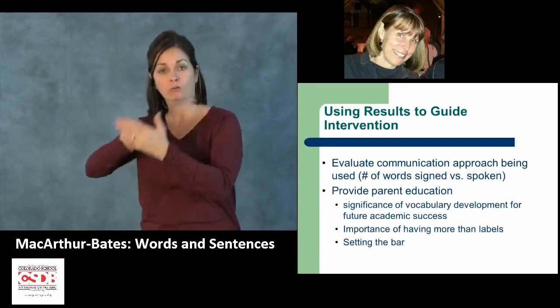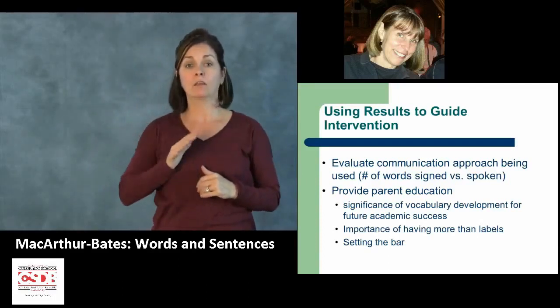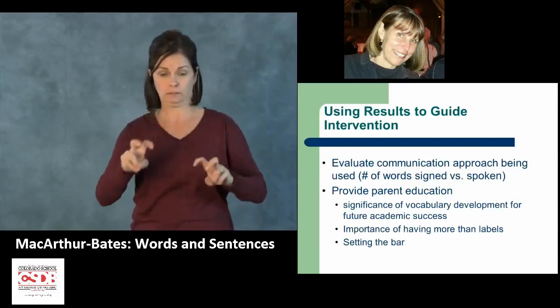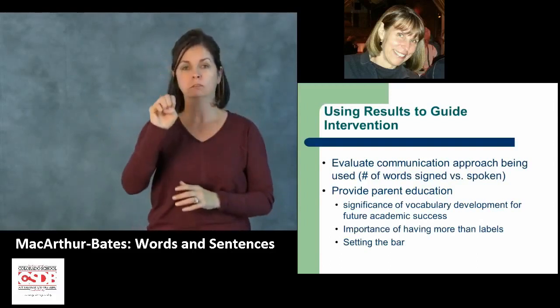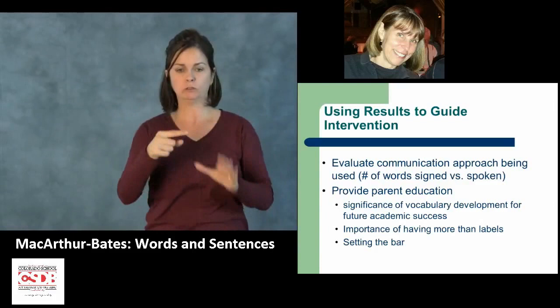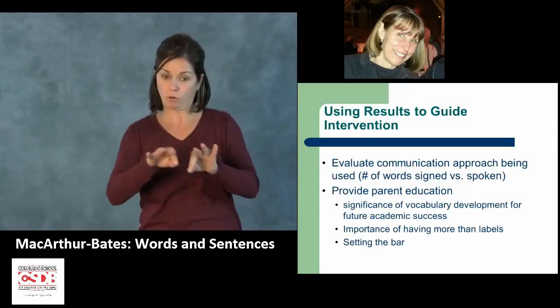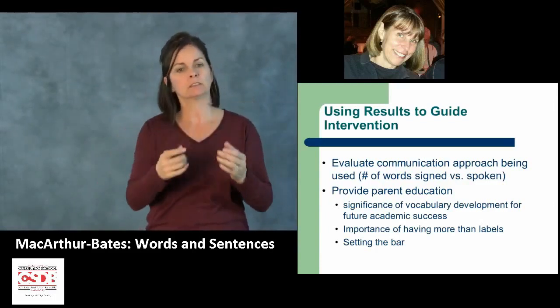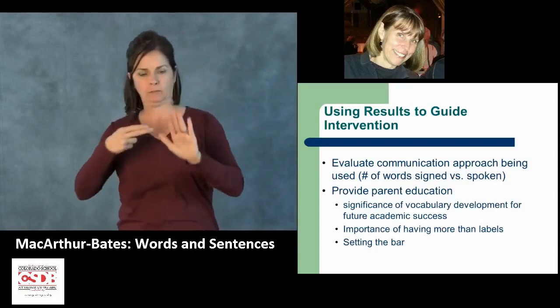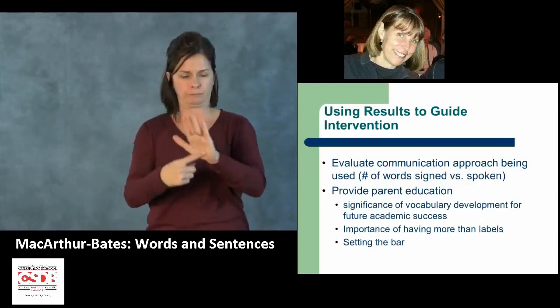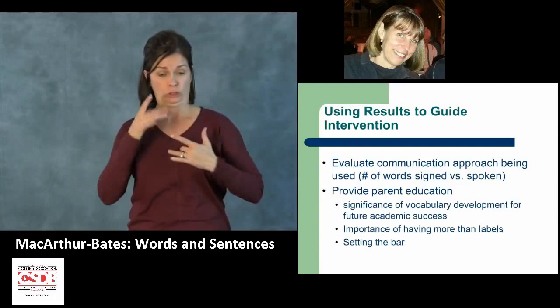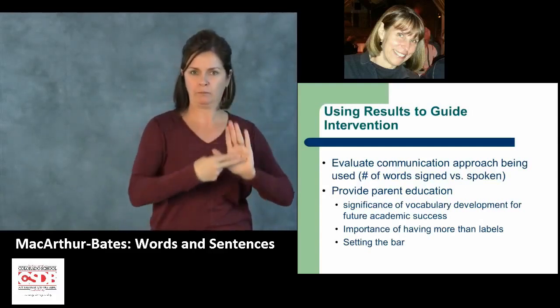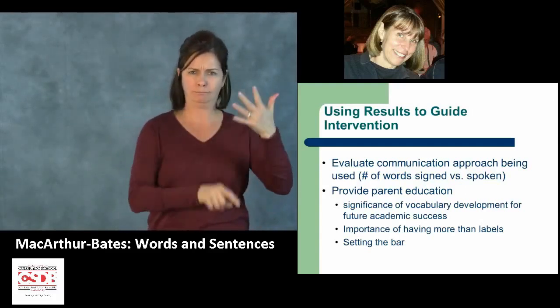Another thing that you can do with the instrument is that because it's divided into different semantic categories, you can point out to the family that it's important to have more than just labels. And in a minute, I'll show you a table that you can use if you have concerns that a particular child is producing a lot of nouns or label words, but is not producing a lot of other sorts of words.